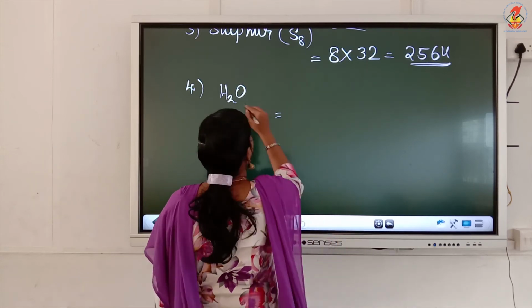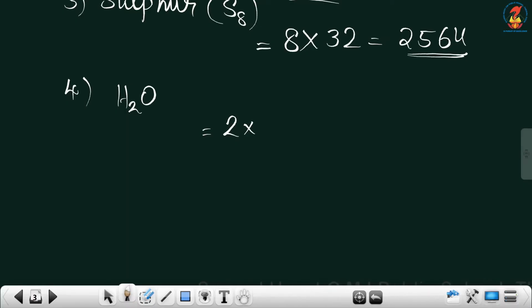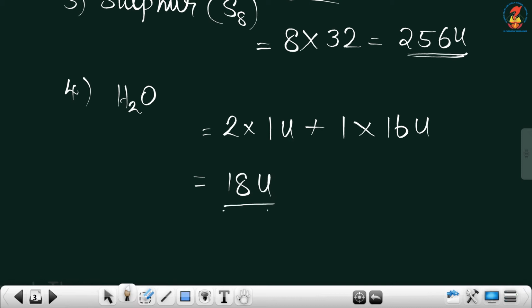For example, 2 atoms of hydrogen are there, that into the atomic mass of 1 atom of hydrogen, that is 1 U, plus how many oxygen atoms are there? Only 1, into the atomic mass of 1 oxygen atom, that is 16 U. So you will get 18 U as the molecular mass of water.